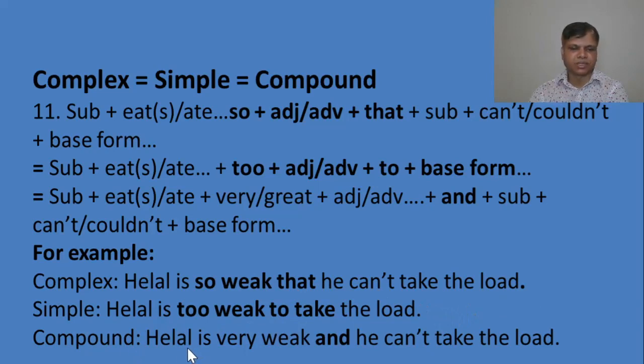If you want to make it a compound sentence, we have to use very instead of so, and we have to use and instead of that, and rest of the sentence. That is two clauses: he is very weak, he can't take the load. These two clauses will be joined by a coordinating conjunction and, then it will be a compound sentence.